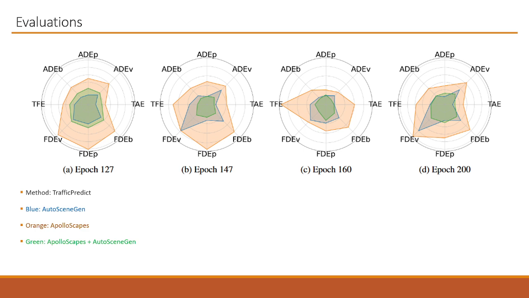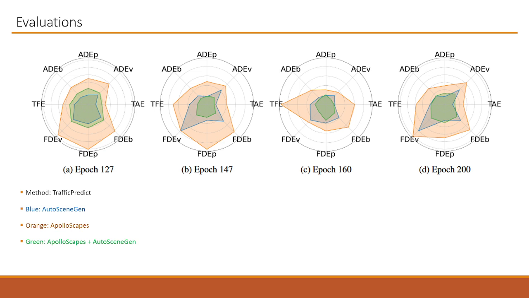The dataset collected from AutoSynGen demonstrated high trajectory accuracy in the various epochs. Moreover, combining the AutoSynGen dataset with Apolloscapes improved overall performance. As the number of epochs increased, the dataset combinations showed progressively better performance.